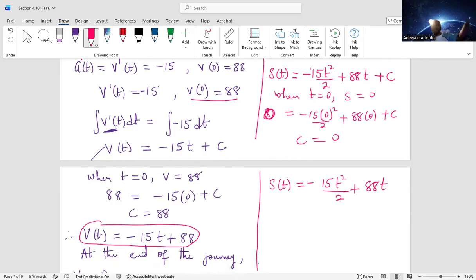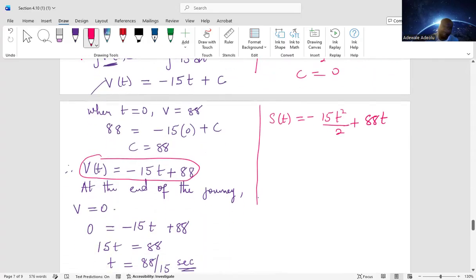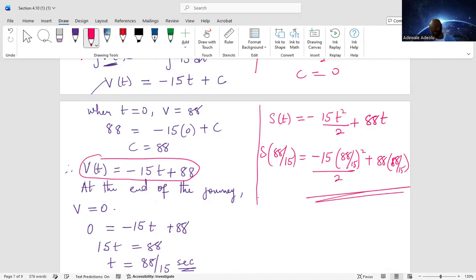For the question of how far, we know the time taken is 88 over 15 seconds. So s of 88 over 15 is just plugging in the time: negative 15 times 88 over 15 all squared over 2, plus 88 times 88 over 15. In this case, I will leave it this way since you are not using a calculator.